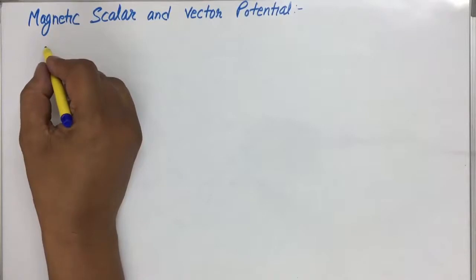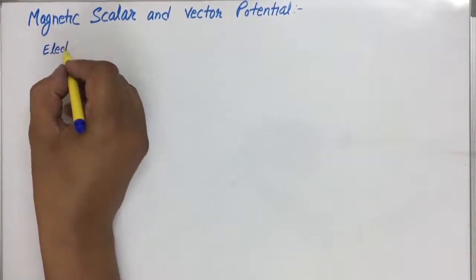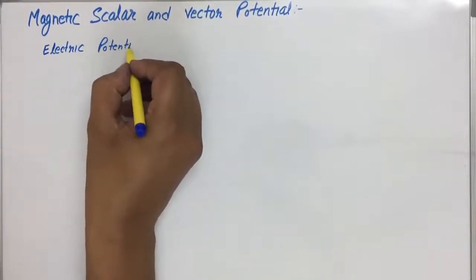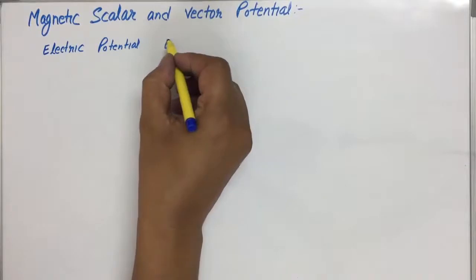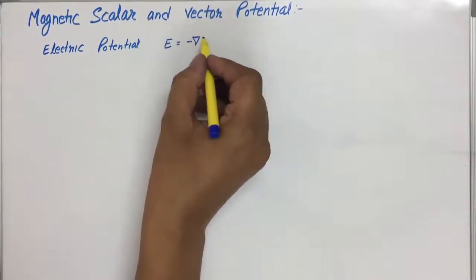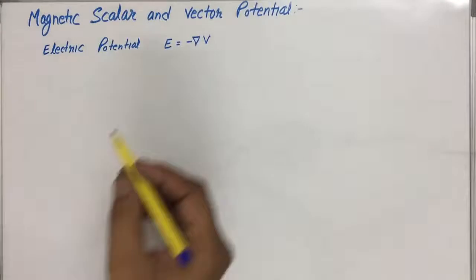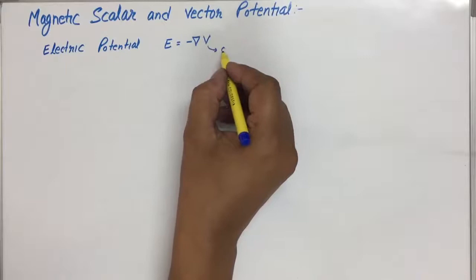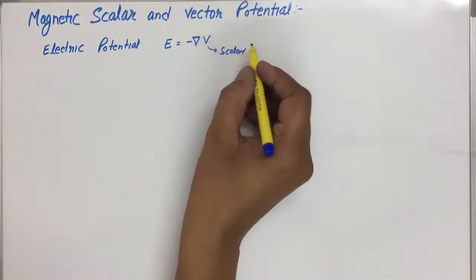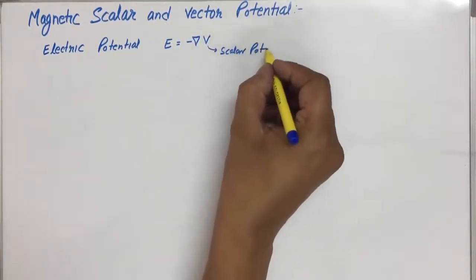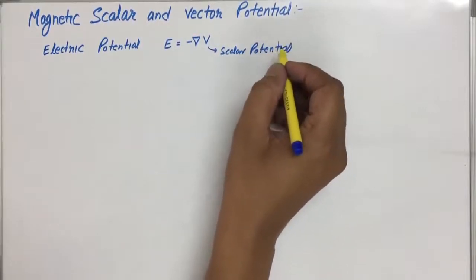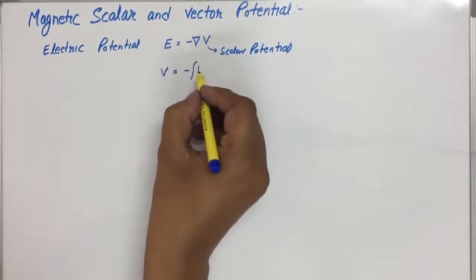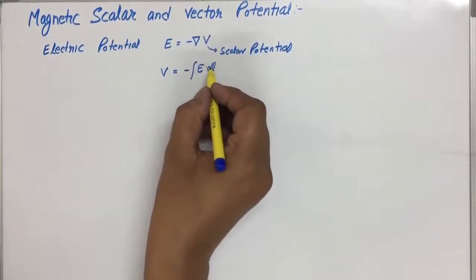We have studied the electric potential, E is equal to minus del V. This is the electric potential, that is scalar potential, and it can be written as V is equal to minus integral of E dot dl. We know it very well.